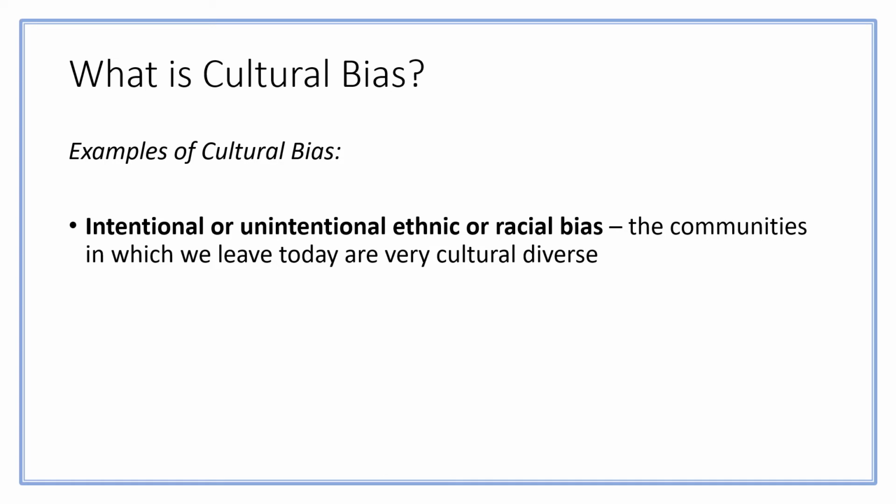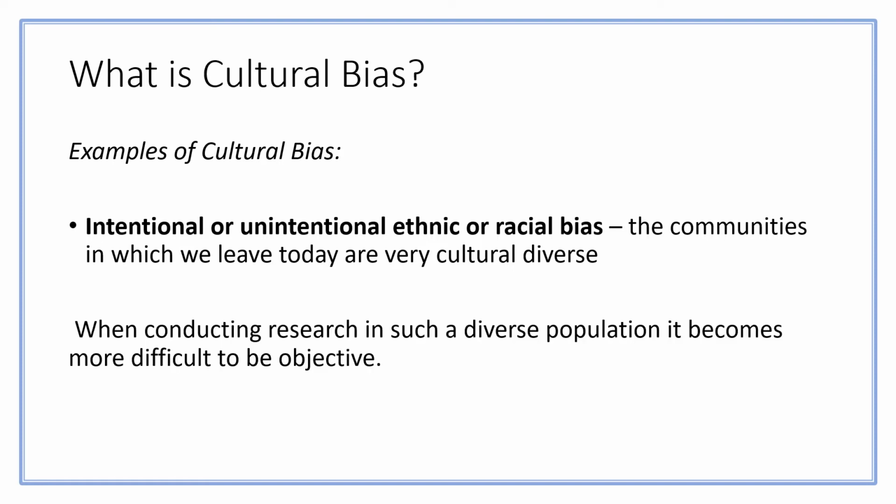Many people from many different parts of the world were raised very differently. So when conducting research in such a diverse population, it's going to become more difficult for us as researchers to reach an objective point of view or an objective decision.